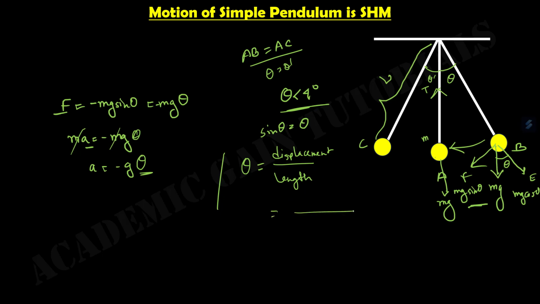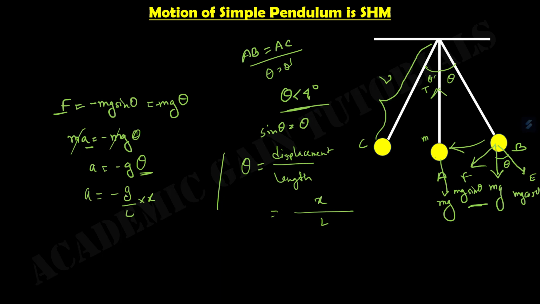So what is the displacement here? The displacement is AB, and our effective length is L. Okay, so from that we can write this as AB by L, or if we represent this AB as x, then I can write this as x by L. So here I can write a equals minus g by L into x.